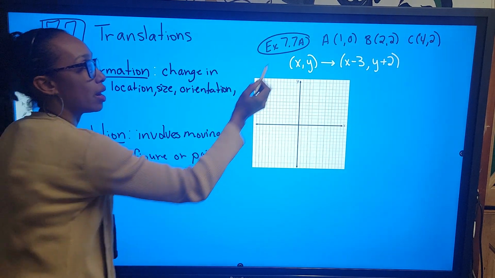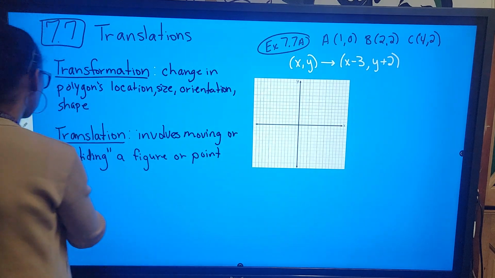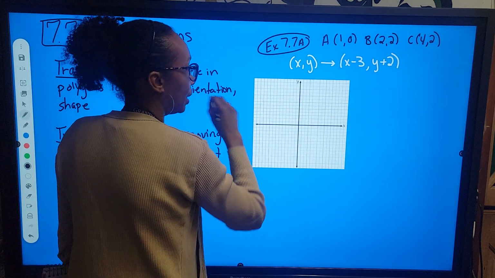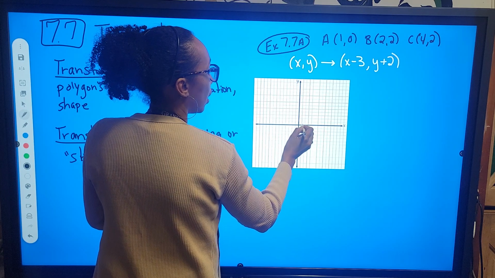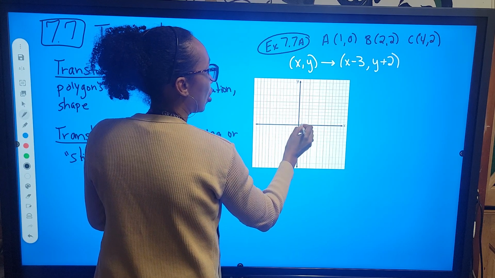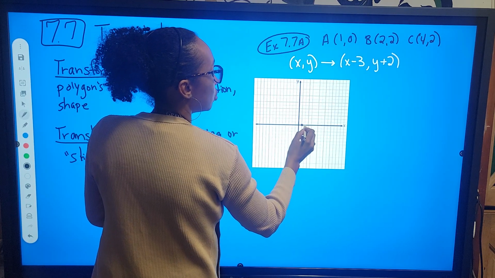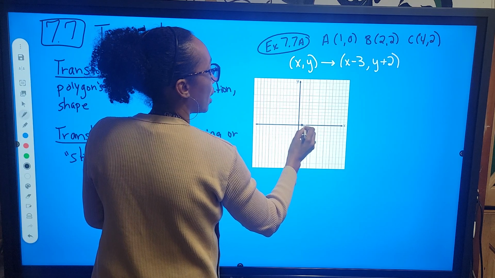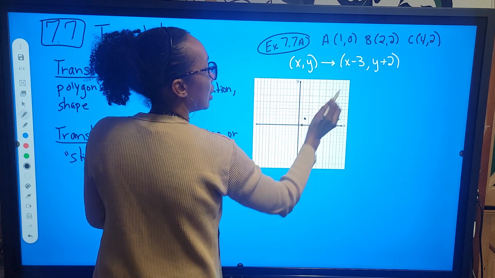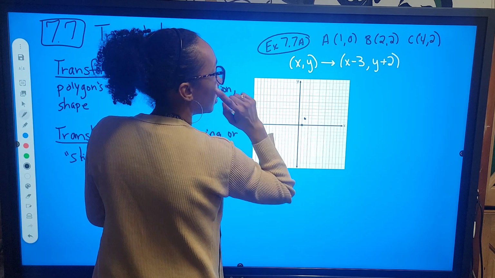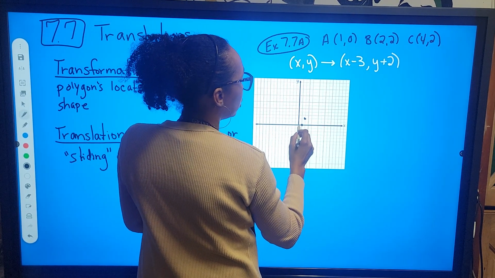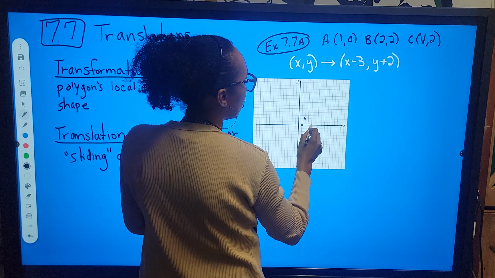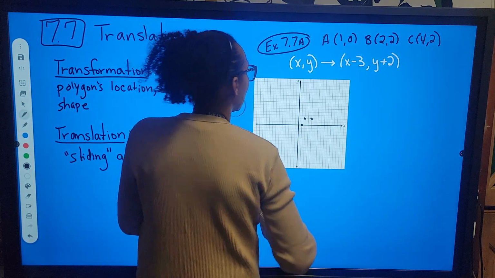So let's first start by plotting the points we have. The first point is (1, 0). So when x is 1, y is 0. When x is 2, y is 2. And then letter C, when x is 4, y is 2. All right, so kind of small.